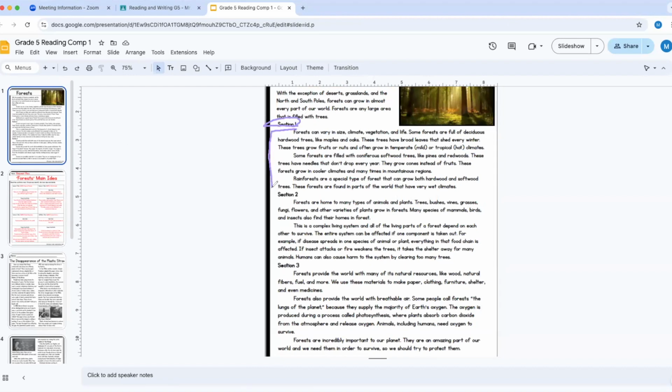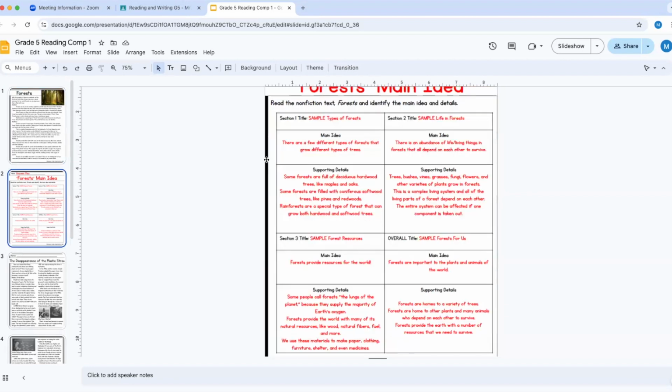Everything mentioned here is different sizes, filled with different types of trees, and in different parts of the world, which is pretty straightforward. Well, how does that fit in with the main idea? The idea in that paragraph was that there are a few different types of forests that grow different types of trees. Easy.